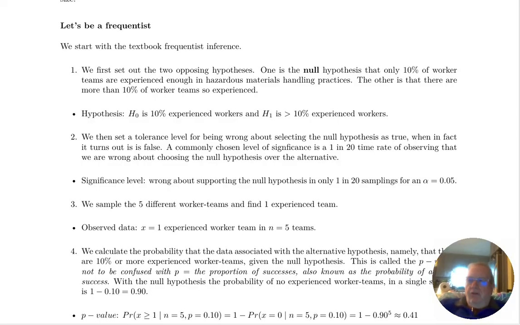We then set a tolerance level for being wrong about selecting the null hypothesis as true, wrong if it's true, when in fact it turns out to be false. Okay, go back and think about what that was called. There's a commonly chosen rate, the level of significance, in Ronald R. Fisher's, well, I think it was 1925 manual.